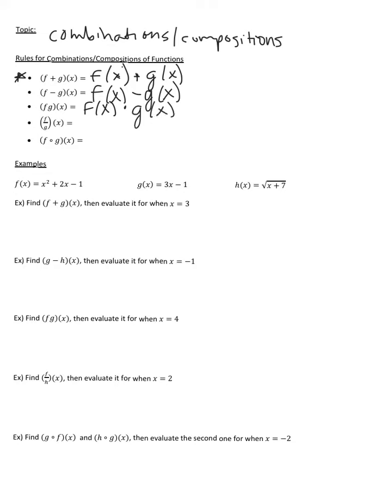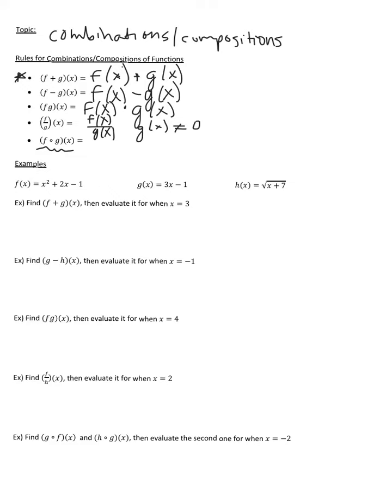F over g of x is just f of x over g of x, where g of x cannot equal 0 because we know that we can't have 0 in the denominator. And then this last one is a little bit tricky right here. We read that as f of g of x. So that little open circle means of, not times.